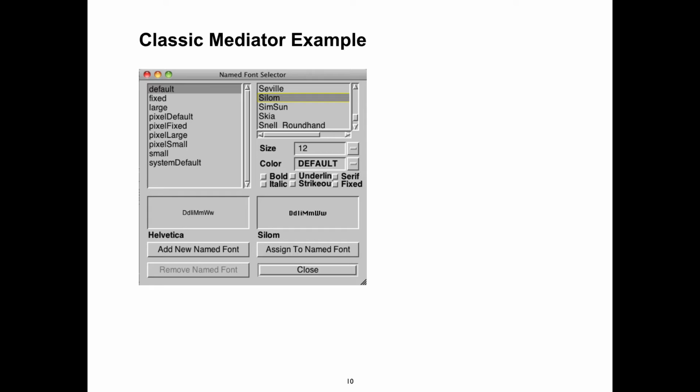Yeah. But it's still minimal, because you're not telling the mediator, hey, I changed my font, so go put this over there. You're saying this change happened, but that change implies that we do all this stuff, right?